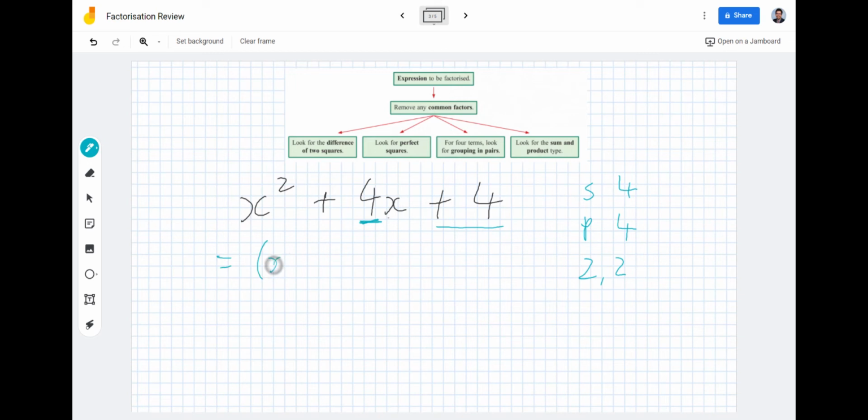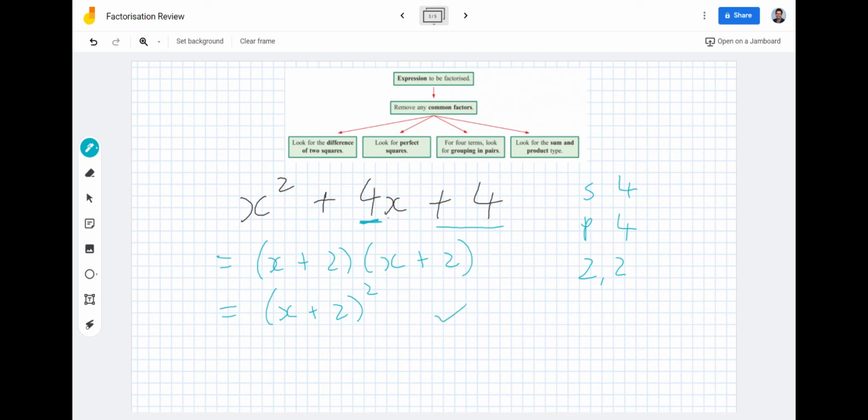So this we could write in this form, x plus 2, x plus 2. But because we've got the same term twice, we write it like this, x plus 2, all squared. Now, we are factorised, done.